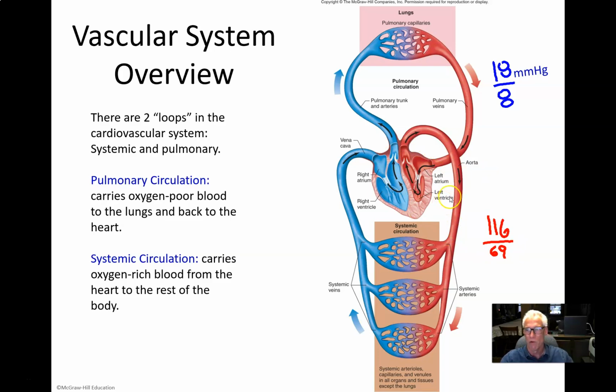That's what pushes blood through. In the pulmonary circuit, the pressures are much lower. It doesn't take as much pressure to force blood through just one organ, the lungs. And the blood then comes back to the left heart, all rich in oxygen. So the pulmonary circulation, pumped by the right heart, the systemic circulation, high pressure circulation, pumped by the left heart.